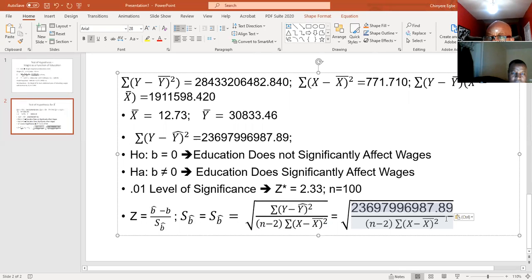And n minus 2 will be 100 minus 2, which is 98, times summation x minus x bar squared, which is there. Okay, 98 times that.